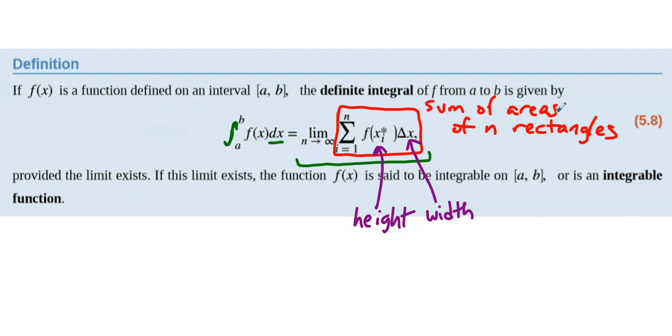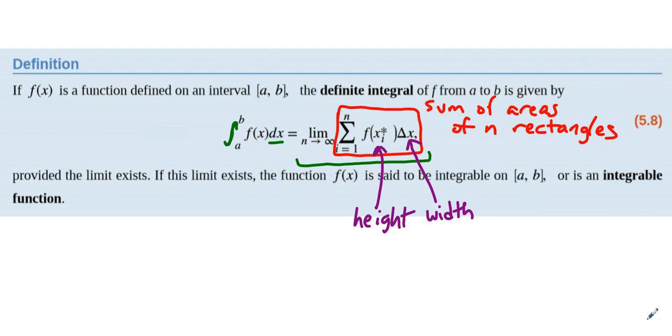So if we take the sum of the areas of n rectangles, heights and widths, we sum them up, there are n of them, and then we take that limit as n goes to infinity. In other words, we have more and more rectangles, they get thinner and thinner and thinner.